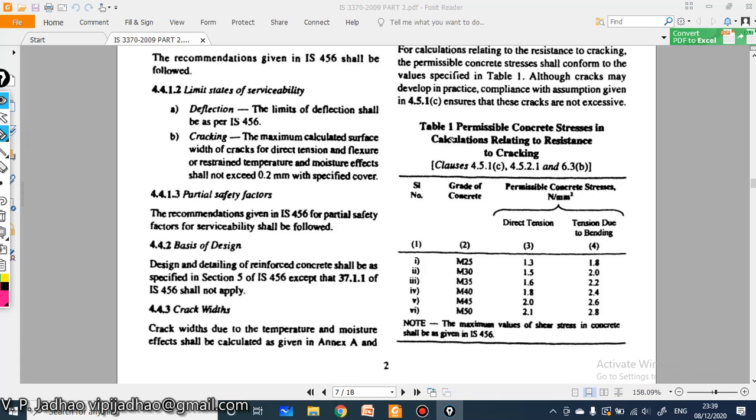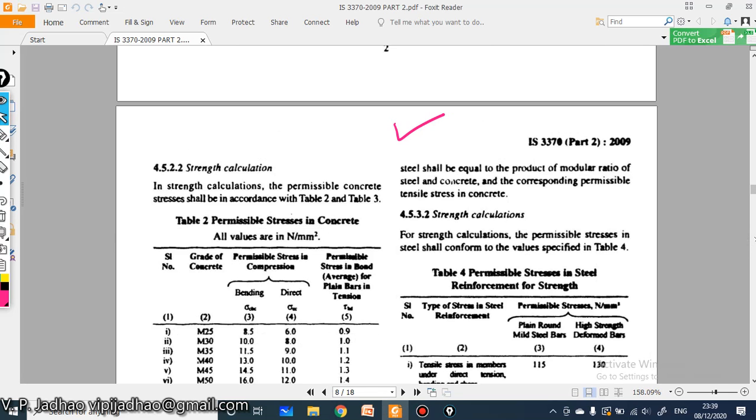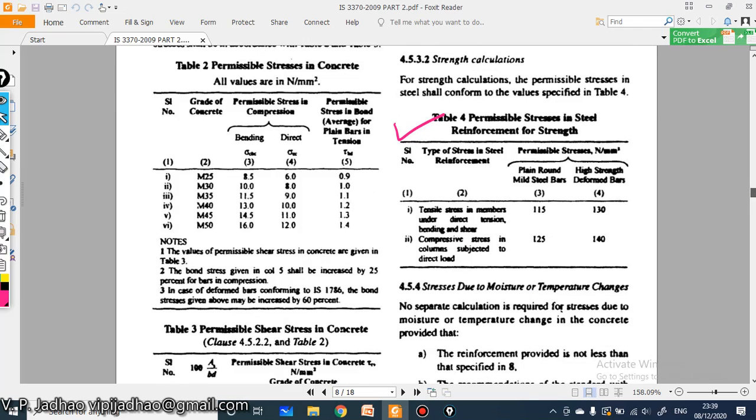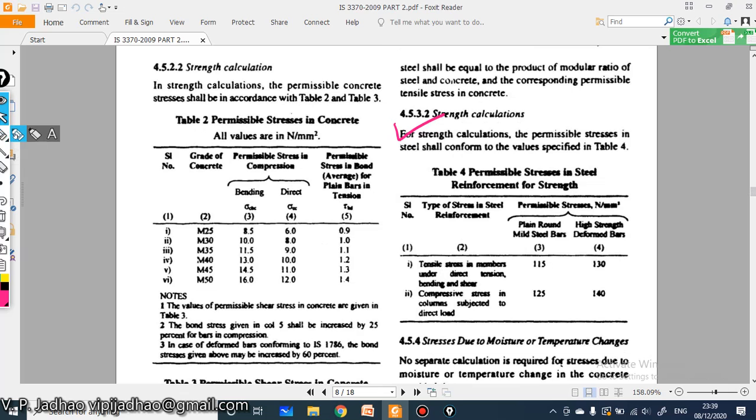Then we have another table on the next page, permissible stresses in concrete, table number 2. Then we have table number 4, permissible stresses in steel. These three tables will be required for the design of our water tank.